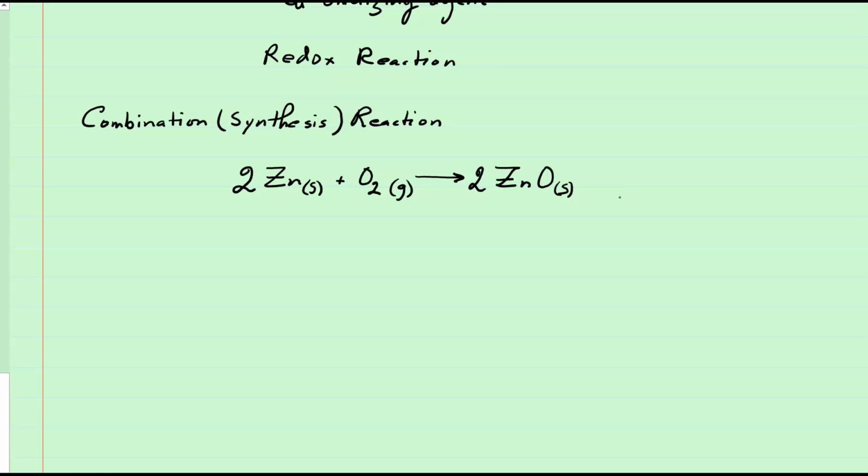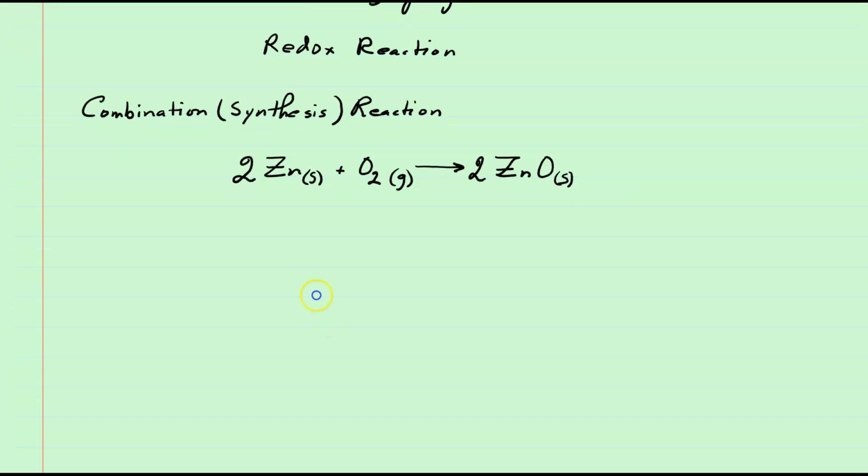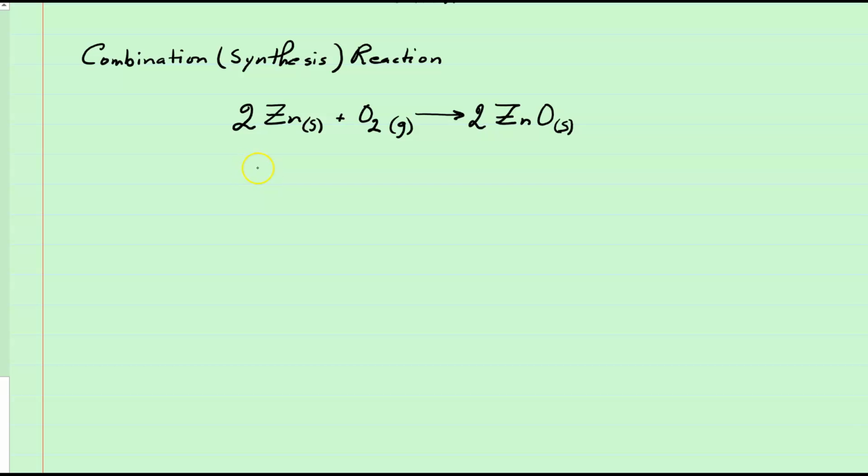Okay, so this combination reaction can also be evaluated a bit more in terms of what is going on with the electrons. So in this case, we learned earlier that the zinc as a solid, its elemental form, has a 0 charge. By the way, these charges that we're putting on the structures represent what is known as oxidation numbers. They're called oxidation numbers.